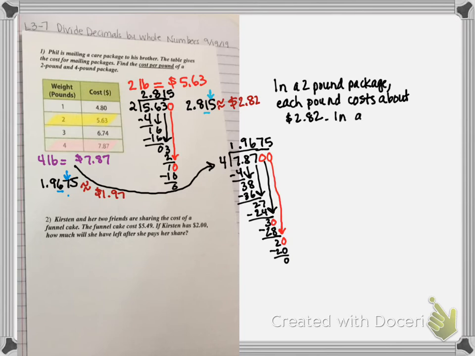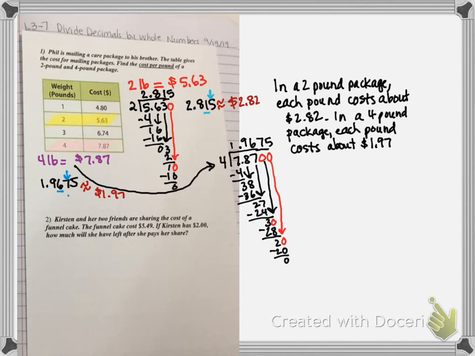In a 4-pound package, each pound costs about $1.97. So the moral to the story: send more and it'll be cheaper.